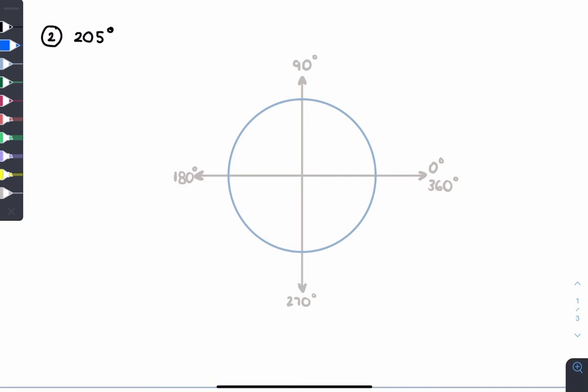So if we draw that terminal side of 205 degrees, again, I'm going to illustrate how that would open up from 0. So let's say this is our terminal side. To open up to 205, it would land somewhere around here. So 205 degrees will definitely land in quadrant 3.